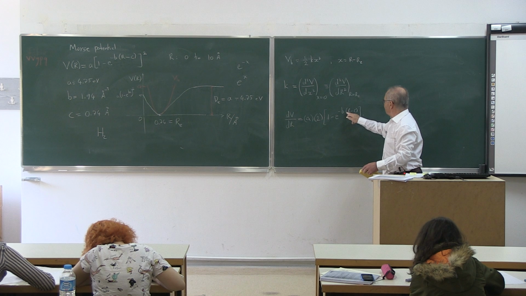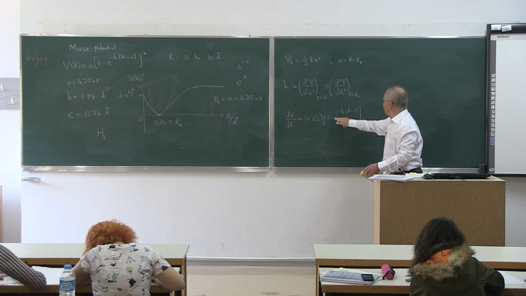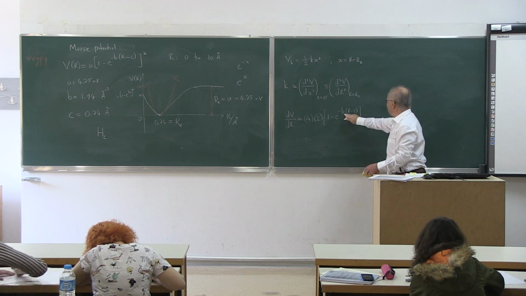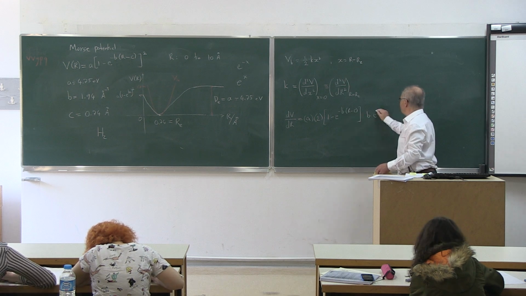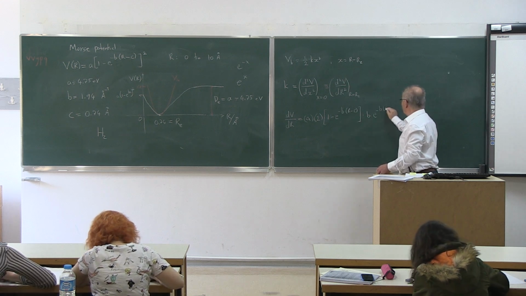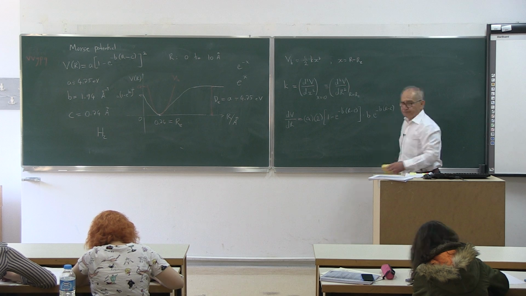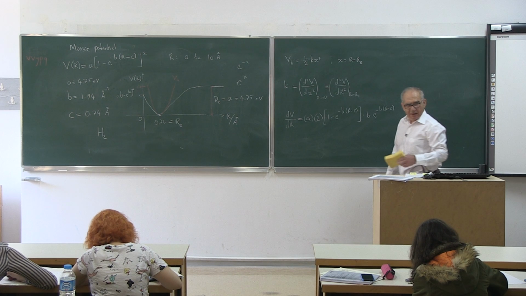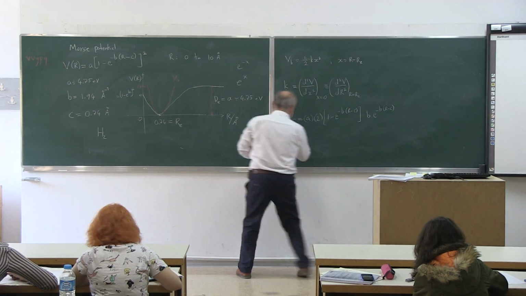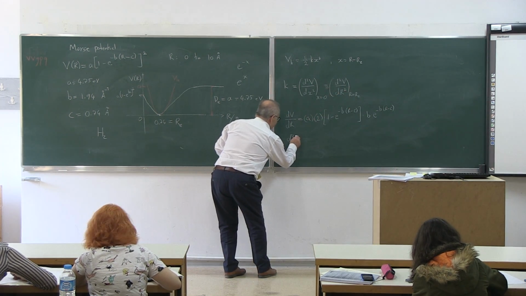When we take the derivative with respect to r, there is a minus here, so they will cancel. b will come here, b times e to the minus b (r minus c). This is the first derivative. Now we want to get the second derivative.